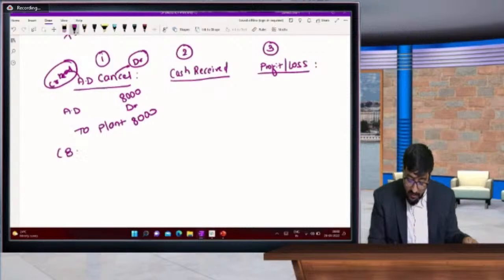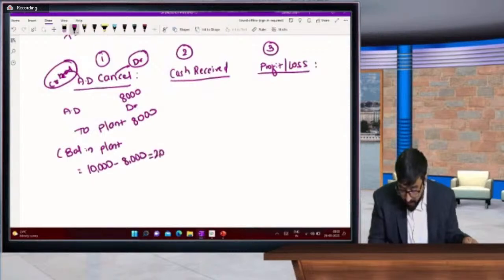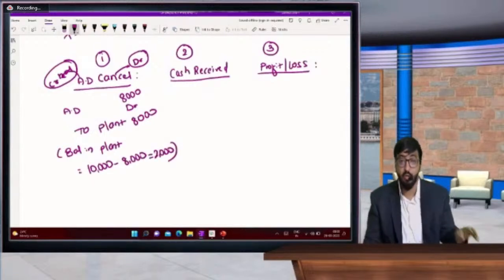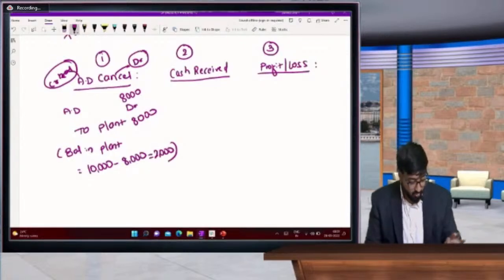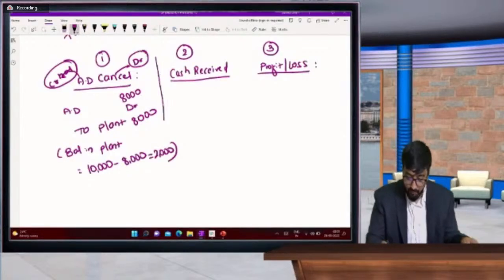Now balance in plant will be 10,000, that is original cost, and till today 8,000 depreciation is provided. Accumulated means total. Provision for depreciation and accumulated depreciation are both the same. So first entry over.